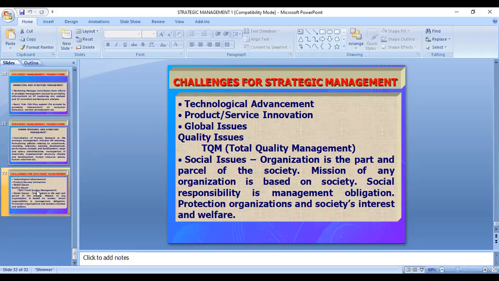Next. Now, what are the challenges being faced by the strategic management team? Technological advancement first. Second, product and service innovation. Global issues, quality issues, technological advancements. Right now, what is going on?